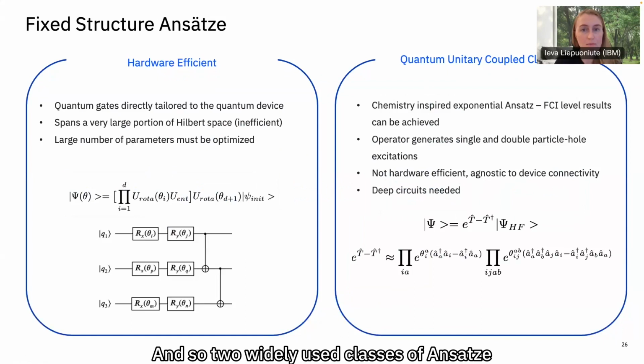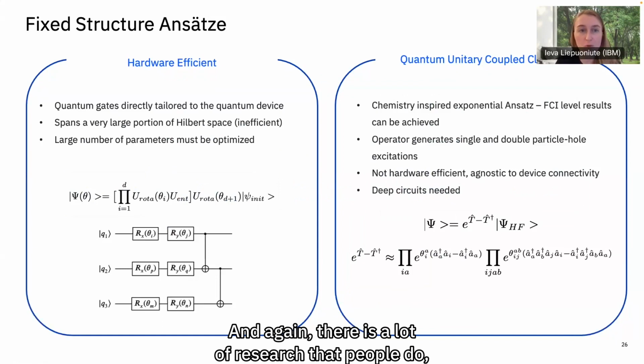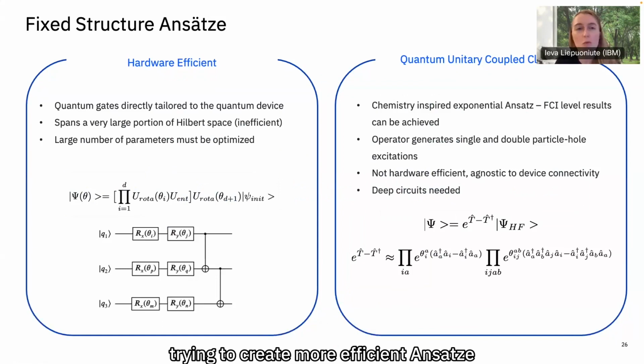And so two widely used classes of Ansätze are hardware efficient and chemistry inspired Ansätze. And again, there's a lot of research that people do trying to create more efficient Ansätze that span the right Hilbert space and just cut down on computational cost.